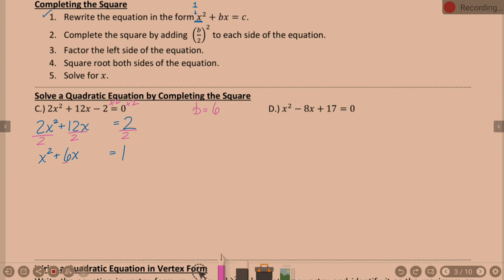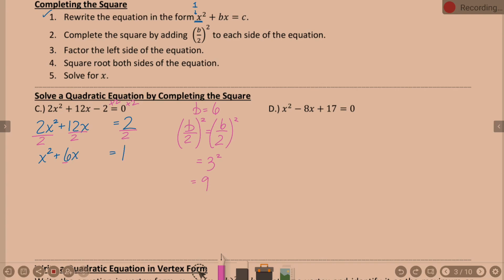It helps you that your b's and 6's look at least a slight bit different. It does help. So we need to find b over 2 quantity squared. So that means I'm going to do 6 over 2 quantity squared. Well, 6 divided by 2 is 3. 3 squared is 9.